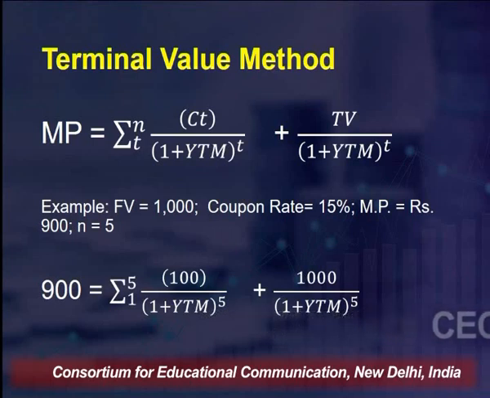T is the number of years left for maturity, plus the terminal value, that is the face value of the bond, divided by 1 plus YTM raised to the power T again.